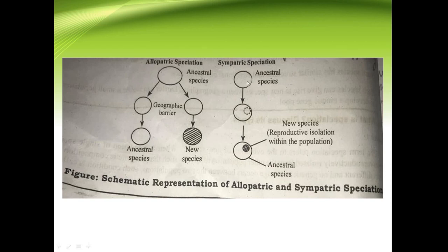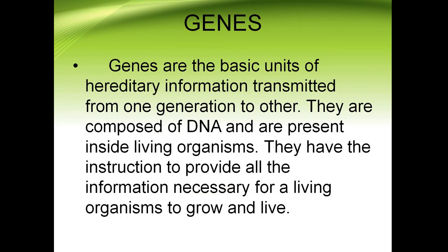In sympatric speciation, two groups of the same species live in the same geographical location, but they are evolving differently within the population due to reproductive isolation. So this is about allopatric and sympatric speciation.